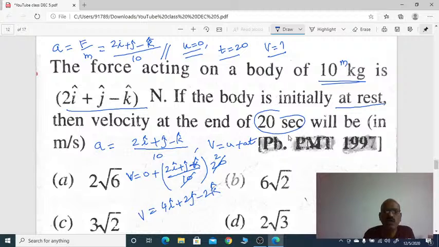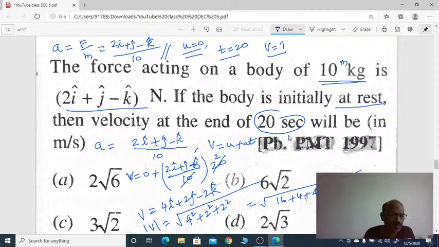Now go for the magnitude. Magnitude is the square root of 4 square plus 2 square plus 2 square. You can do that: 16 plus 4 plus 4. So root of 16 plus 4 is 20, plus 4 is 24.